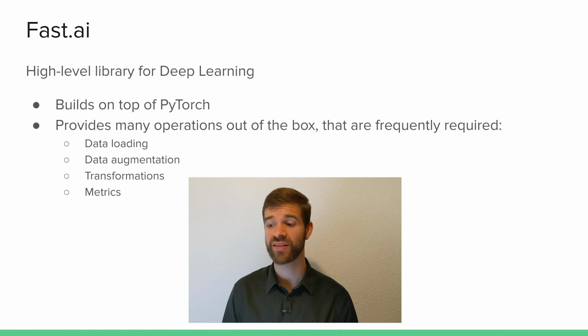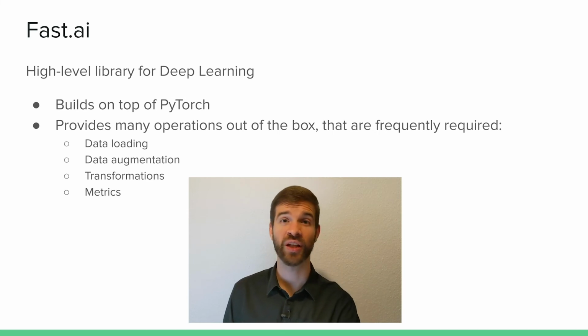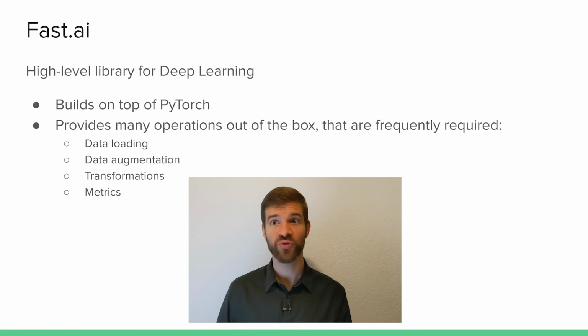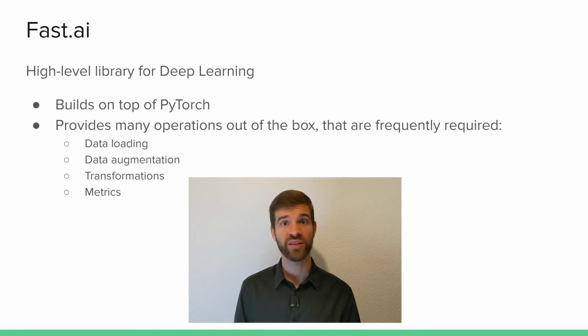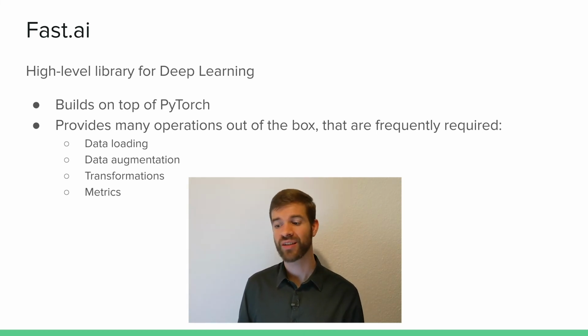So people are writing some data loaders over and over again. So what you can do here is take the data loaders that they've already written and tested, and that is proven to work efficiently and load your data efficiently, or some data augmentation if you're working with images. They already provide many of these things out of the box that you can use.